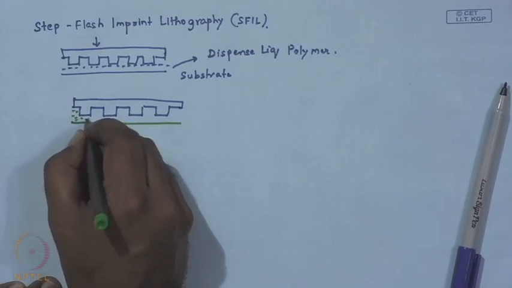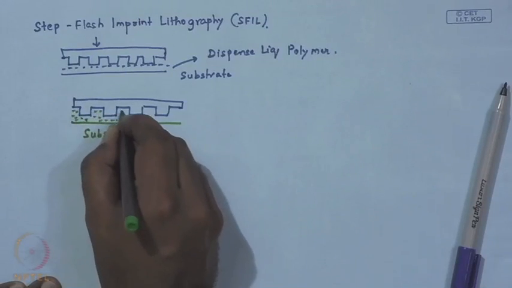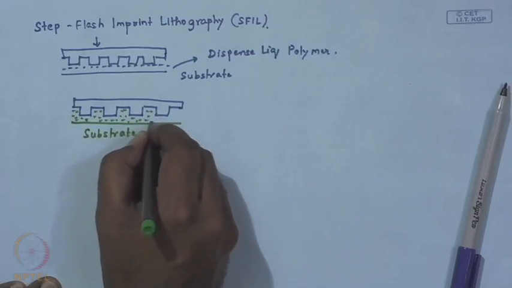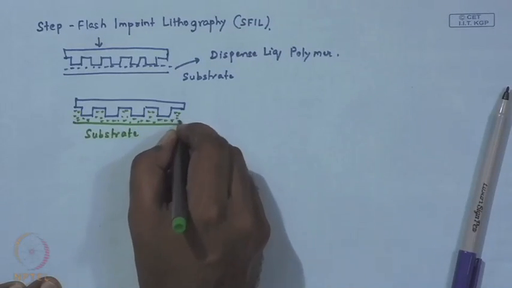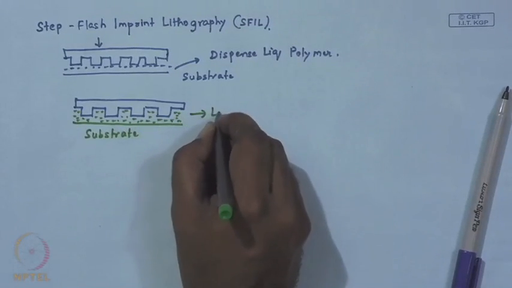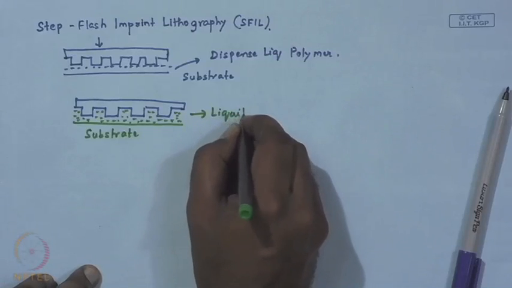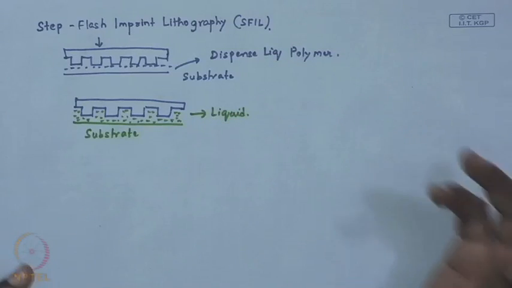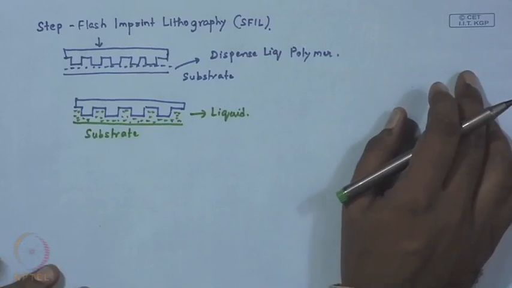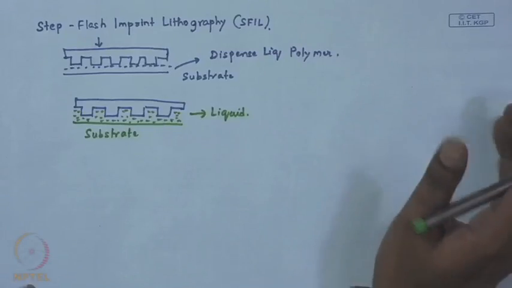Please remember, this is in a liquid form. The only problem is that you have to somehow solidify it, otherwise it is of no use, because the moment you withdraw the mold, it is going to flatten out.